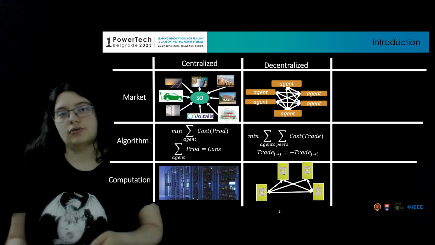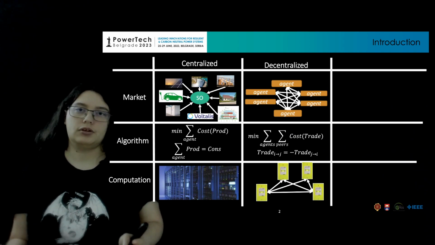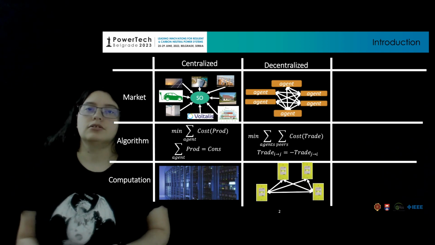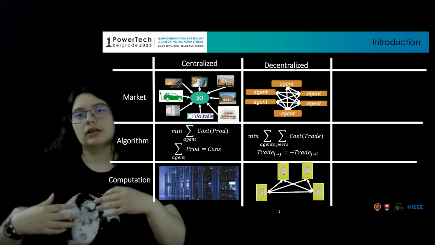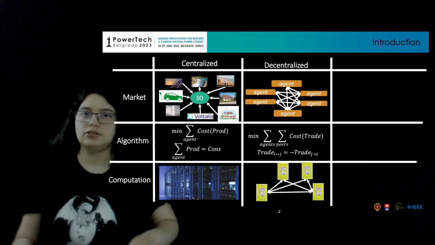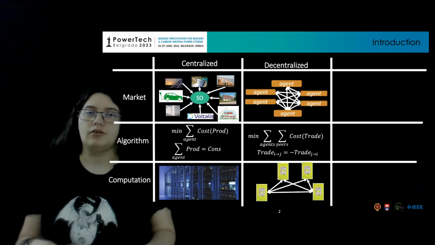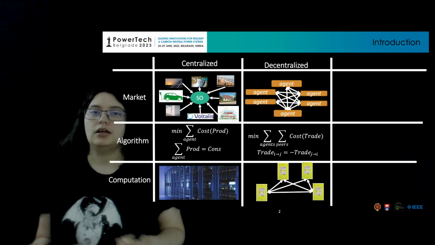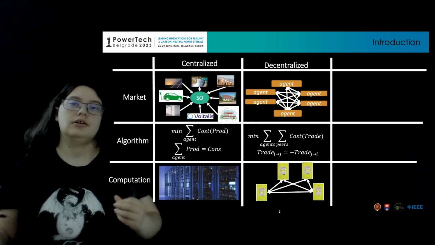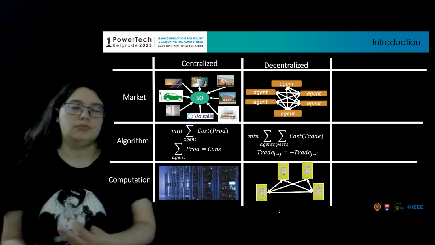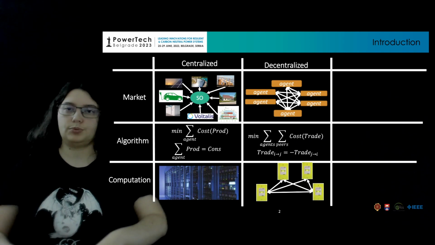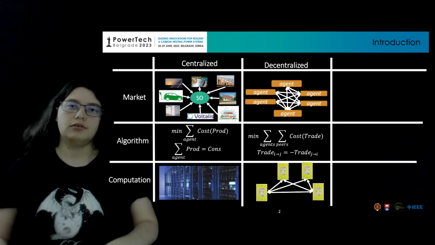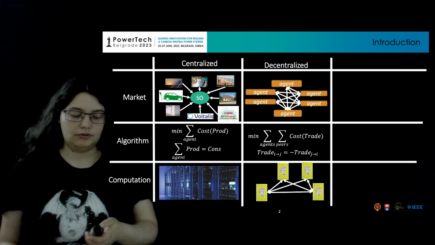In the decentralized market, all agents talk with each other without any central agent, and we try to minimize the sum over all peers of the cost of each trade between agents, and the trade must be anti-symmetrical, which means that what is sold must be bought. And here the computation is made on small computing units that each agent will have.